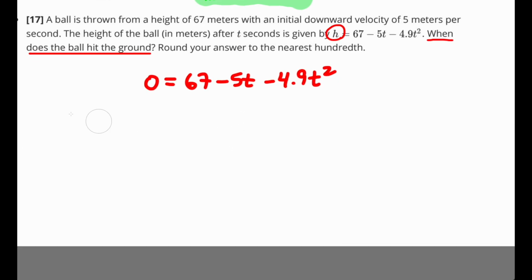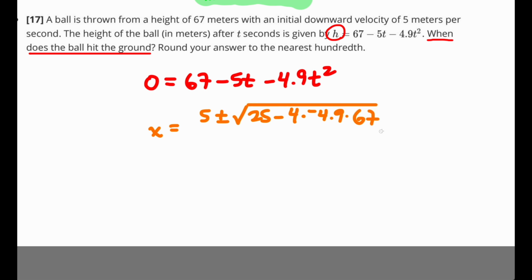Okay, so we have another quadratic formula here. Honestly, what I would do is just throw this right into the quadratic formula to solve it. So it's going to be x is equal to 5 plus or minus the square root of 25 minus 4 times a, which is negative 4.9, times c. And then divide all of that by 2 times negative 4.9.